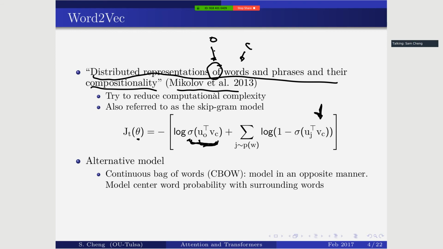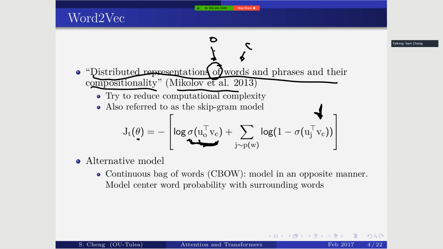And then I want to subtract back over possible words. In my dictionary I can have many words, so I just arbitrarily sample some words here, and I want to make sure the sampled words have a small probability of co-occurring with this center word.